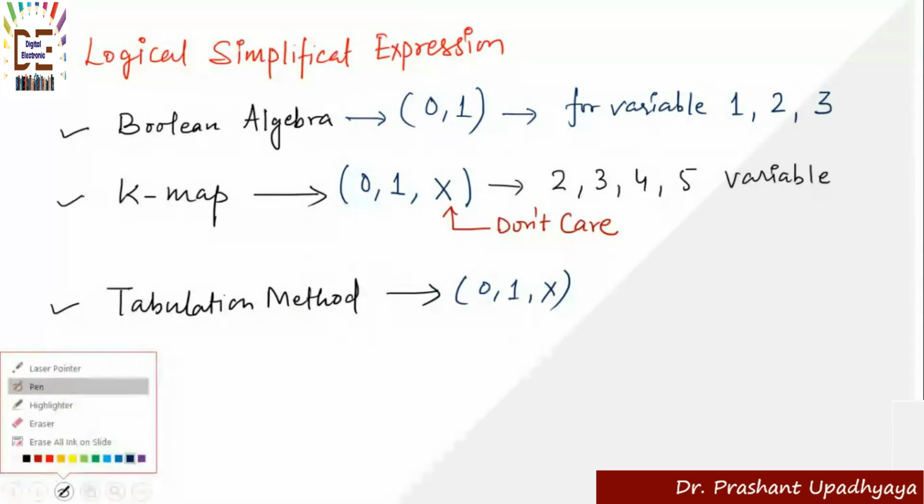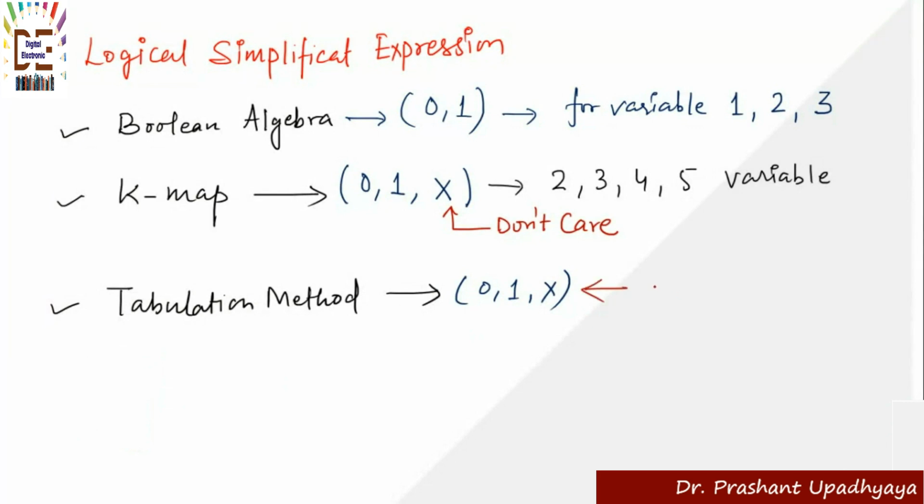But the advantage of the tabulation method is that we can use it for any number of variables: 2 variables, 3, 4, 5, 6, 7, 8 variables, whatever you want to choose. So these are some of the logic simplification methods used in digital electronics. Got it? We have Boolean algebra, K-map, and the tabulation method.